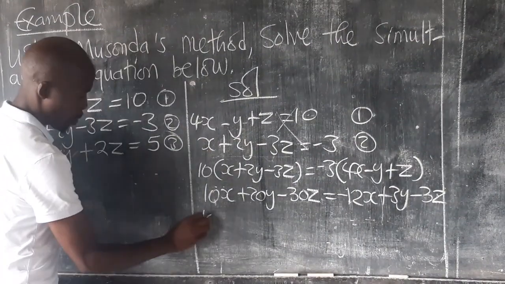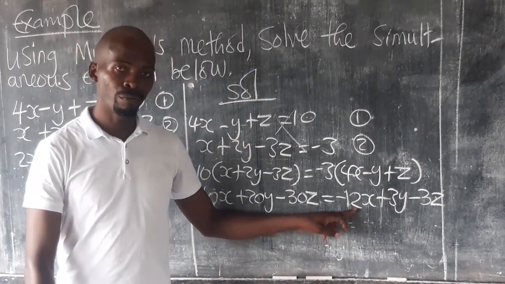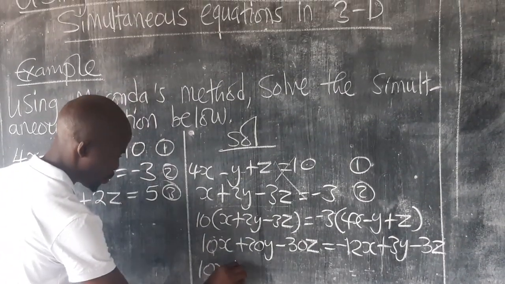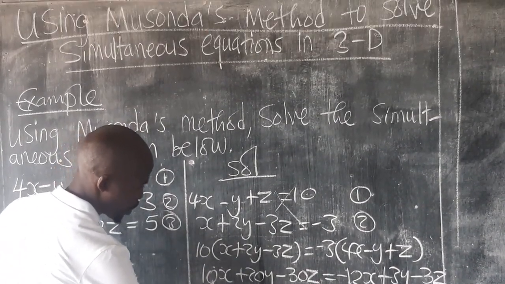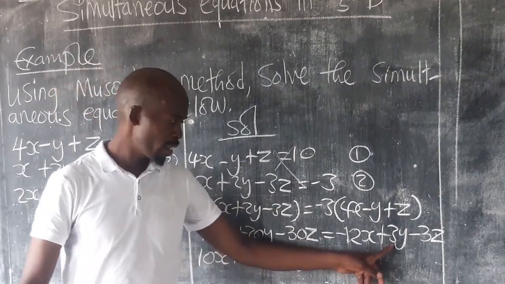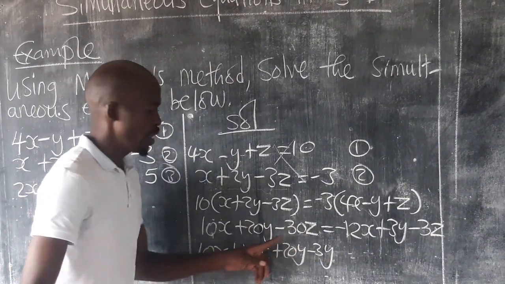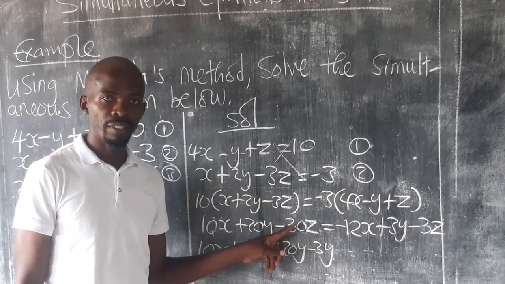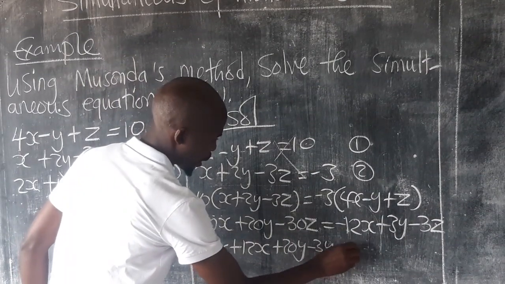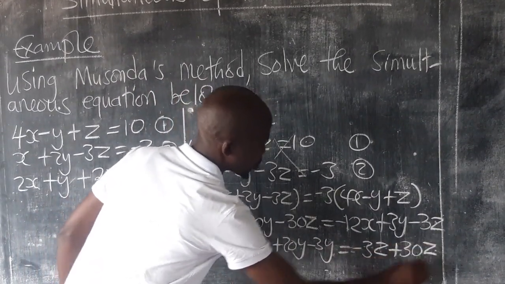Here we go. Positive 10x, the additive inverse of negative 12x is positive 12x. Then I have positive 20y, and the additive inverse of positive 3y is negative 3y. Negative 30z, its additive inverse is positive 30z.